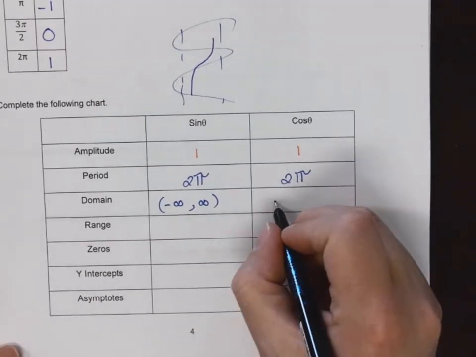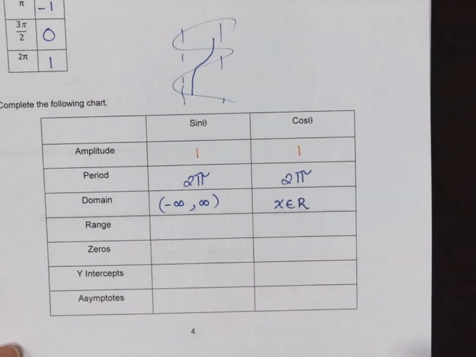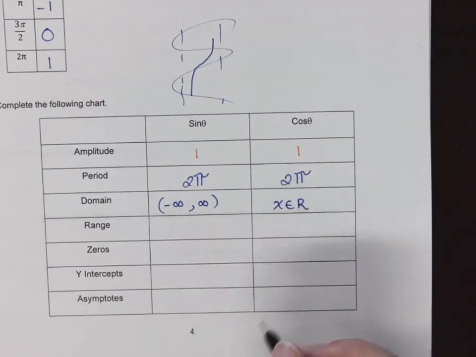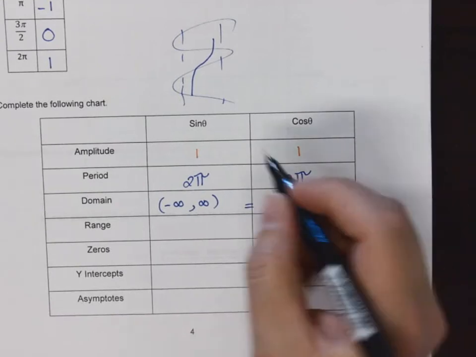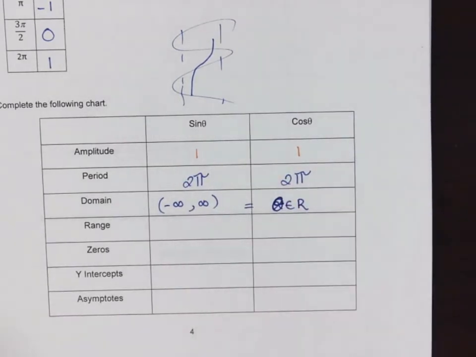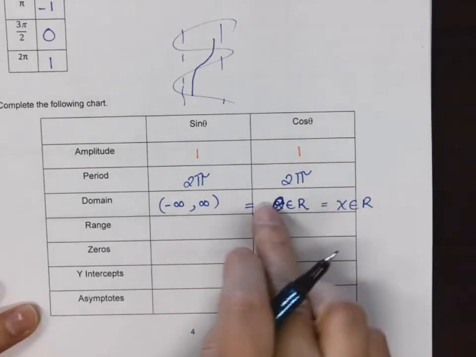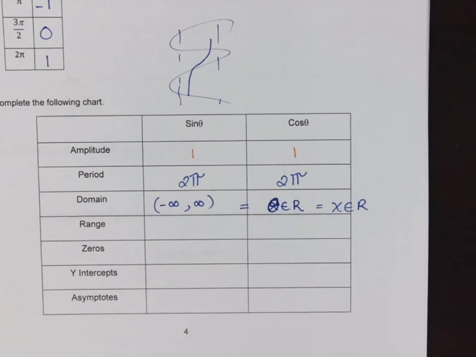I'm going to write it as x is an element of the real numbers. Those things mean the same thing. And really, I used theta, so this should be theta is an element of the real numbers, or we can write x ∈ R. All these things mean the exact same thing, so just don't get freaked out when you see them.